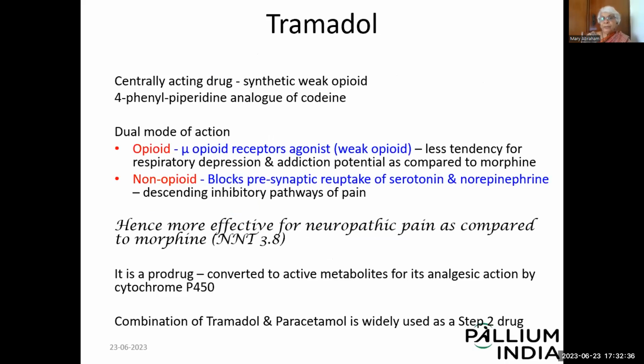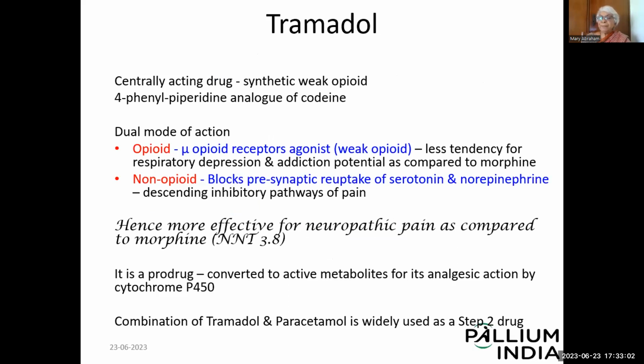Now coming to tramadol. Tramadol is a weak opioid. It has a dual mechanism of action. It's not just a weak opioid because it is acting on the mu receptors. And because it's weak, there is less tendency for respiratory depression, and the addiction potential is also less as compared to the strong opioids. But it also has a non-opioid mechanism of action.